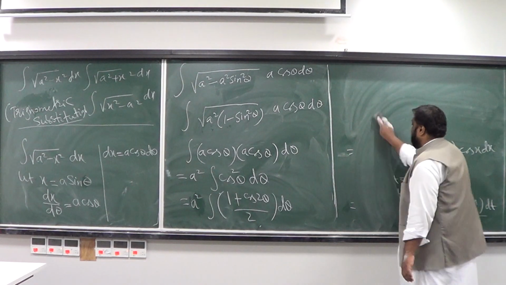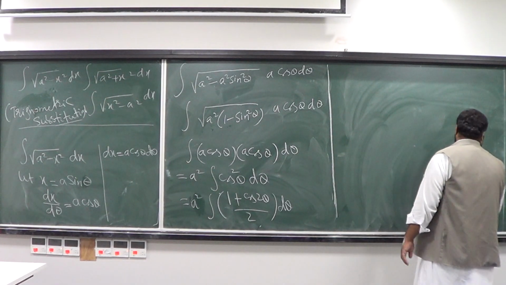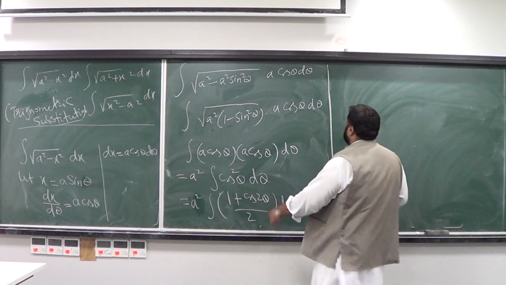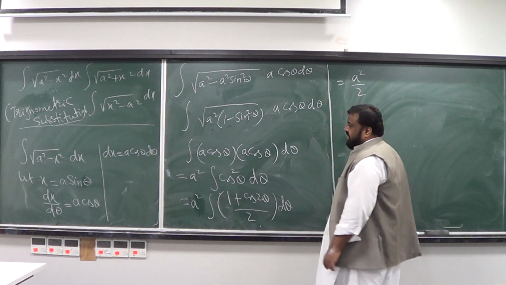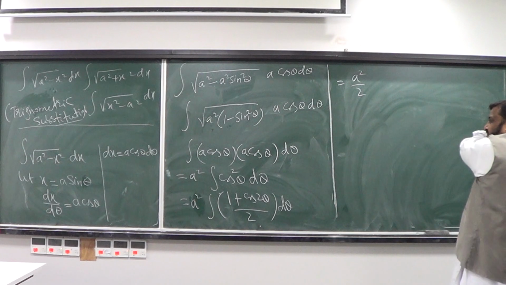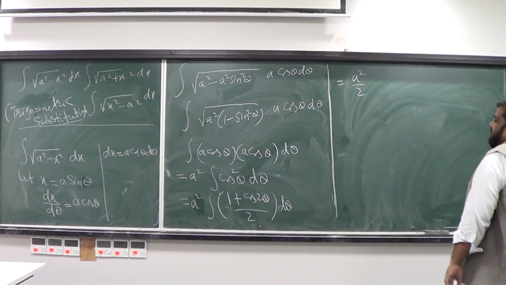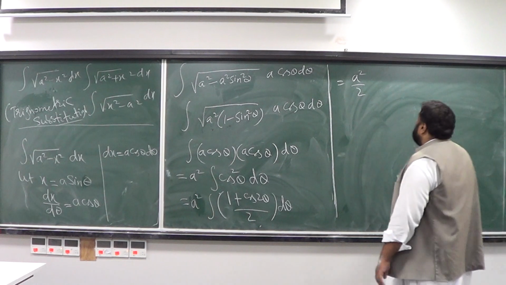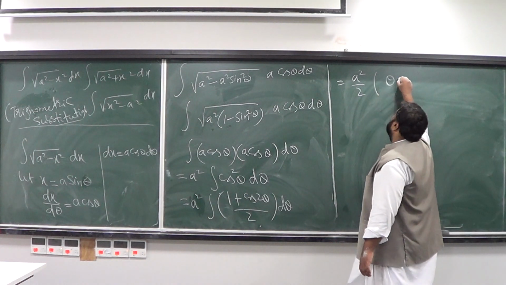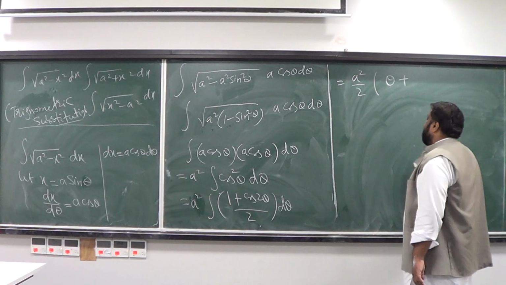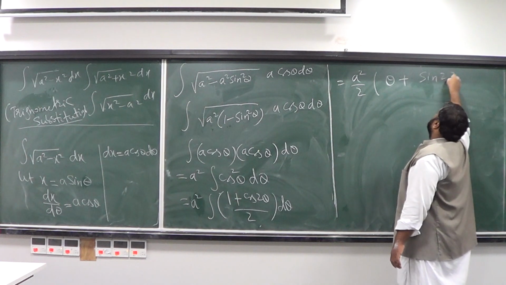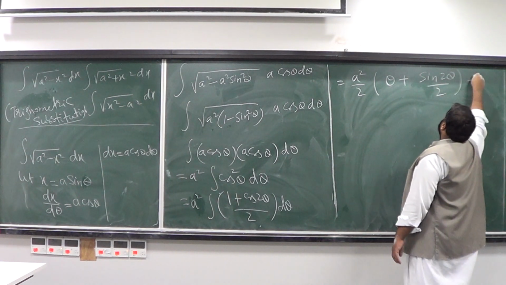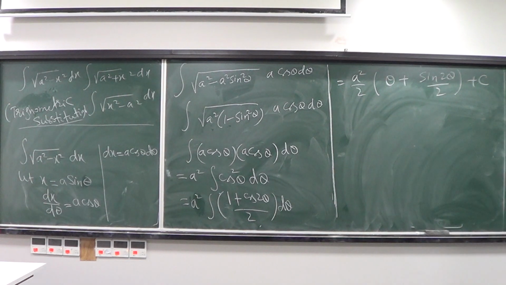And if you simplify a little bit more, you take this 2 out, so you're going to get a square over 2, and the integral of 1 will become theta plus the integral of cosine 2 theta will become sine 2 theta divided by 2, plus constant c. Okay, this is what the integral will become.